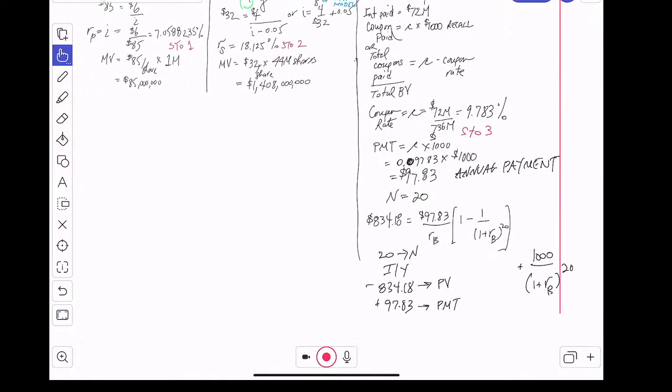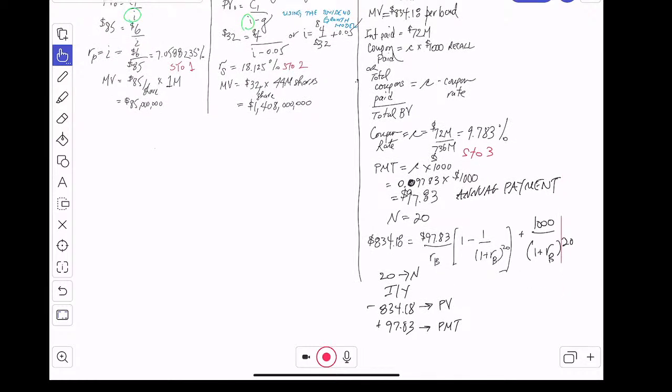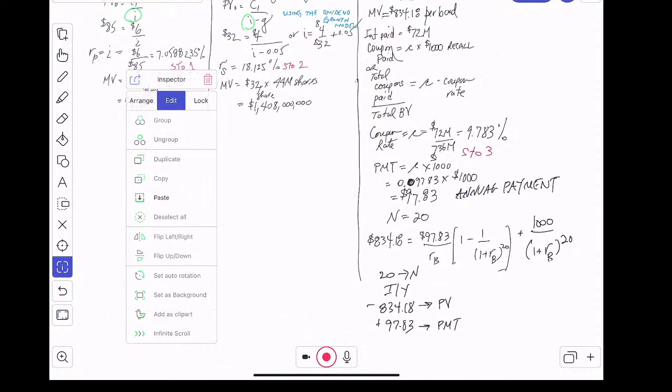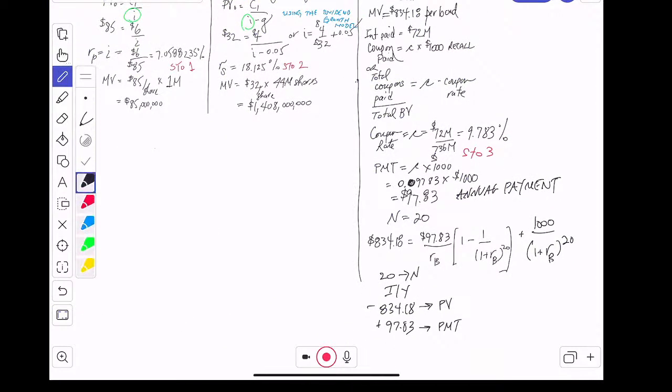And then of course we have to put $1,000 face value to be received into FV, and then ask to compute the interest rate, and you will get the return to bondholders or cost of debt.